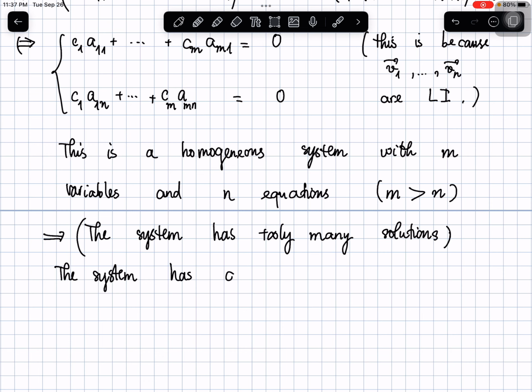In fact, it has many non-trivial solutions. So c1 to cm that is not the zero vector, right?